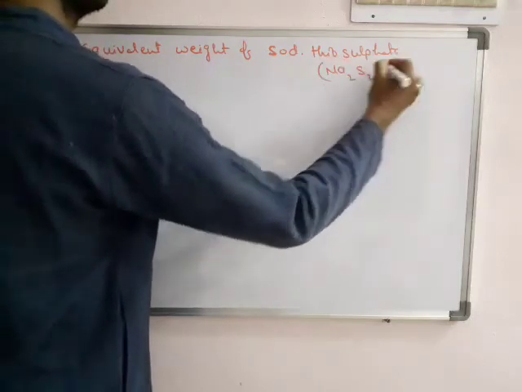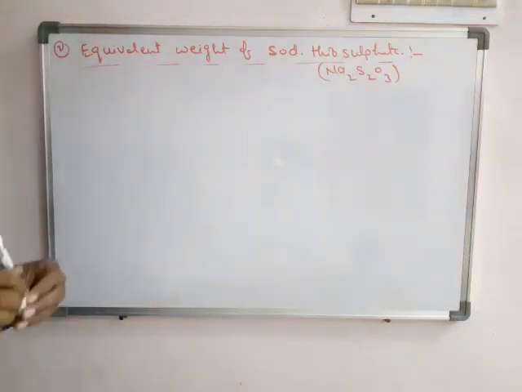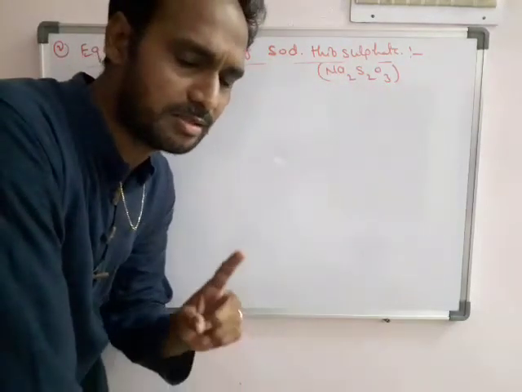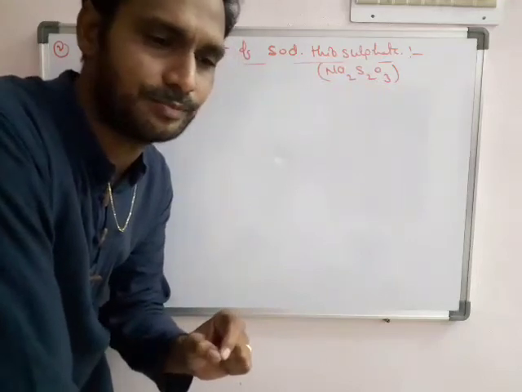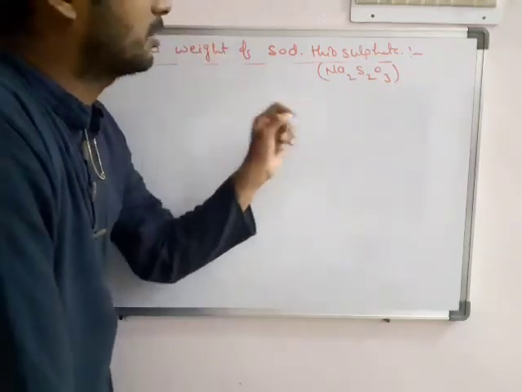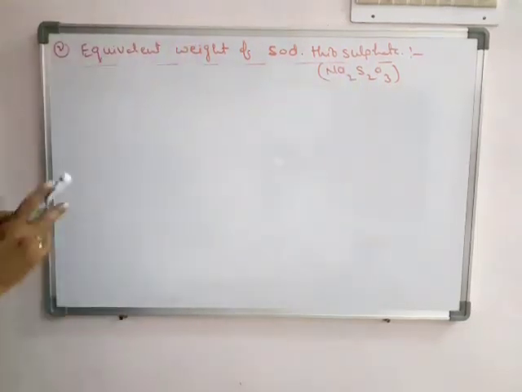Na2S2O3. Sodium thiosulfate generally works as a reducing agent, because it is a salt of thiosulfuric acid. So Na2S2O3, here what is the change part?